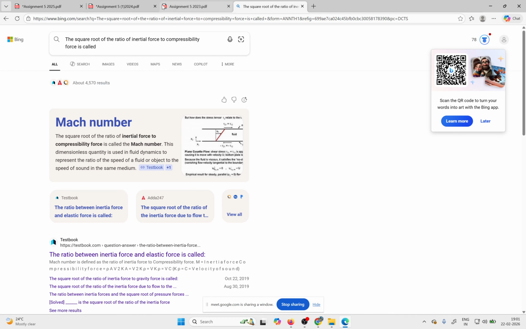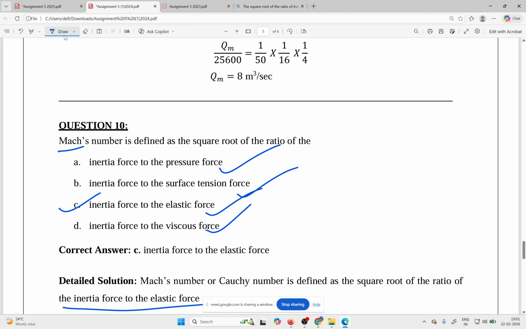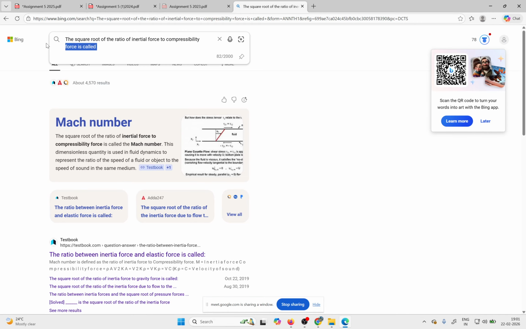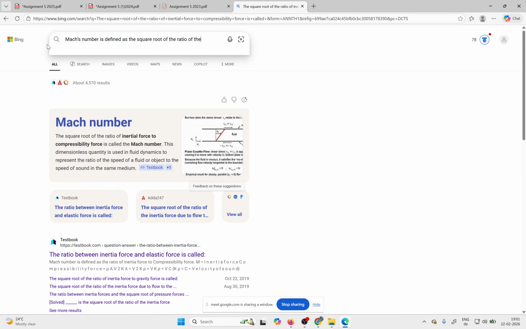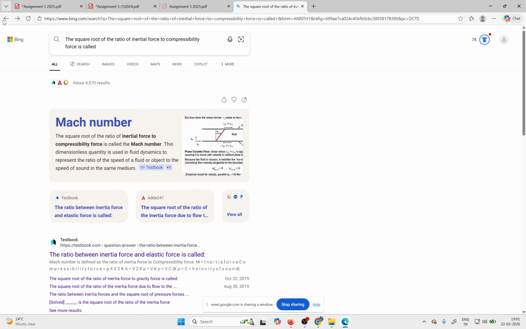And what about the elastic force? Okay, both are showing Mach number.